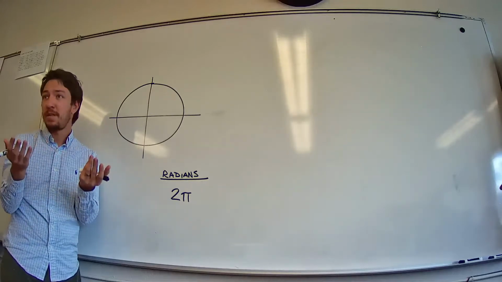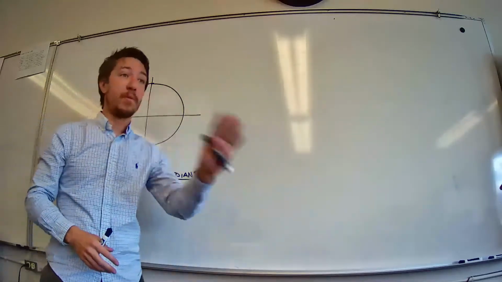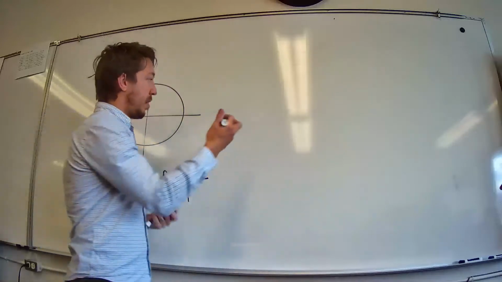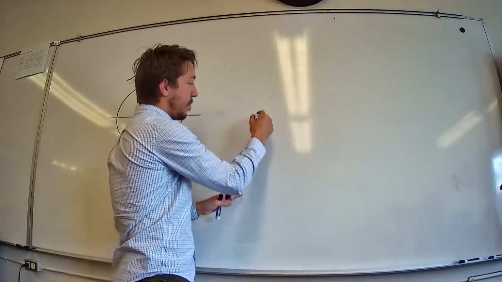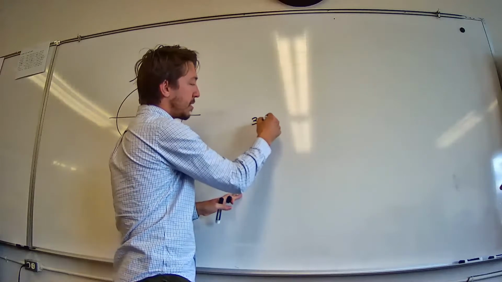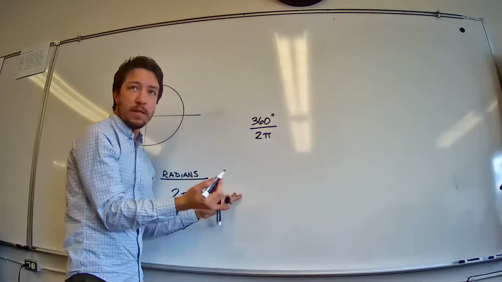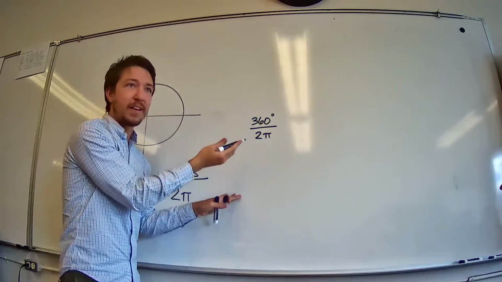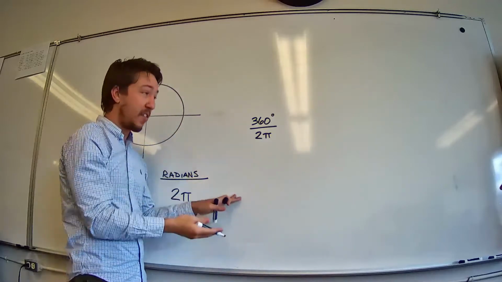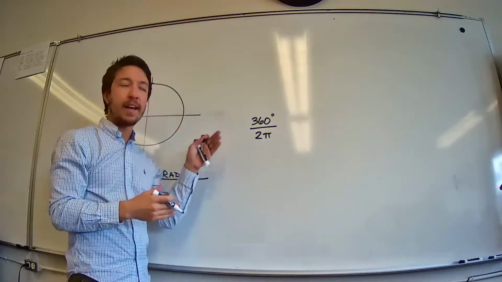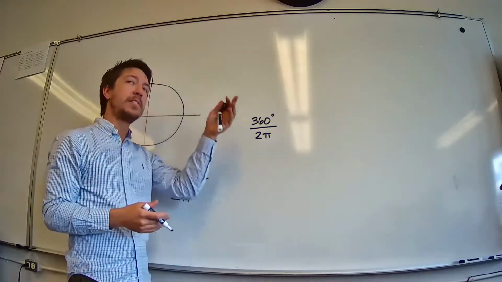Is this making sense? Here's a very simple ratio for you. There's 360 degrees for every 2 pi radians. I hope you'll just trust me on that fact. They decided that, and we'll slowly see why.